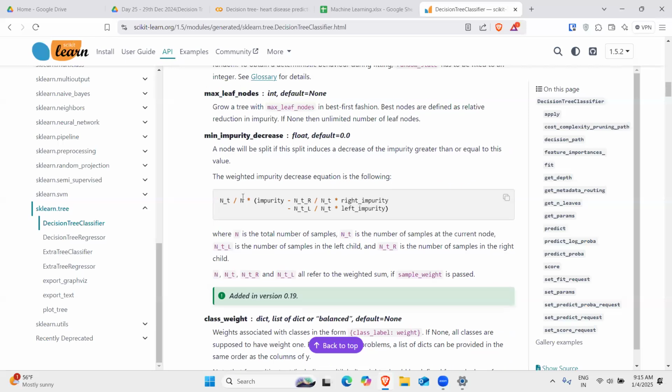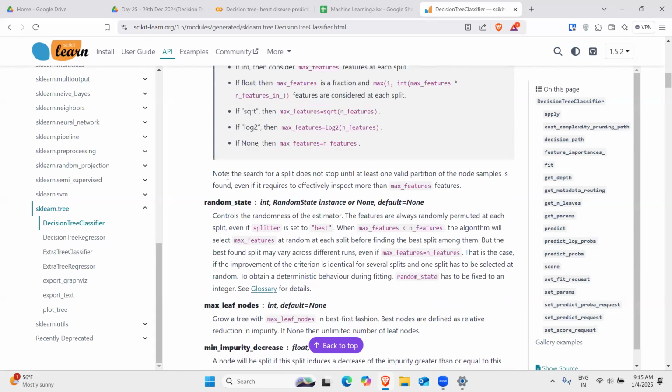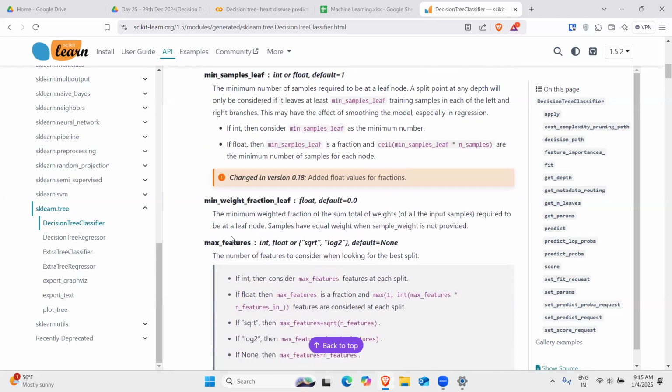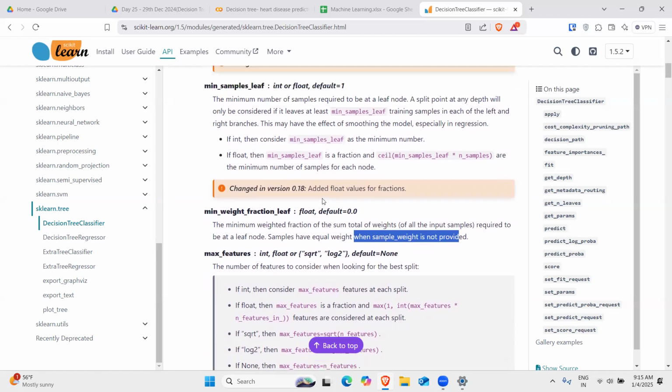You can explore this article where you can get to know what is random state. Anyway, we have discussed that. You can get to know what is maximum features, the number of features to consider when looking for the best split. You can get to know minimum weight fraction leaf, that is the minimum weighted fraction of the sum total of weights of all the input samples required to be at a leaf node, and samples have equal weight when sample weight is not provided.